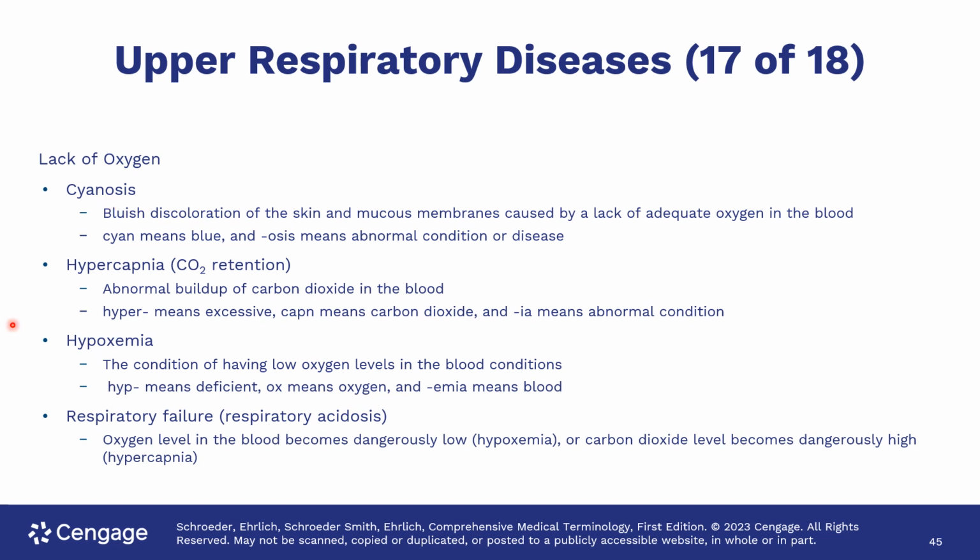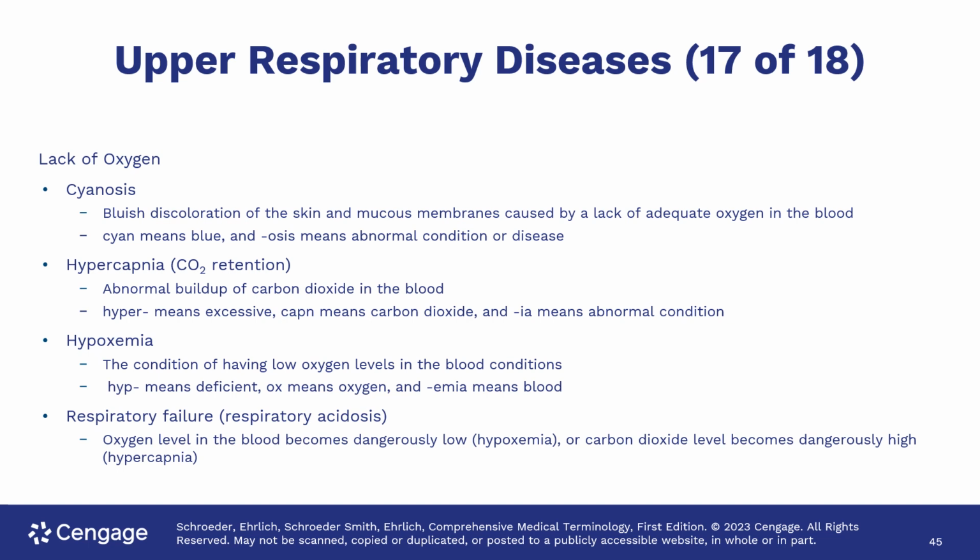Hypercapnia is an excessive amount of CO2. Hypoxemia is low, hypo, levels of oxygen in the blood. This is different than hypoxia. Respiratory failure or respiratory acidosis.